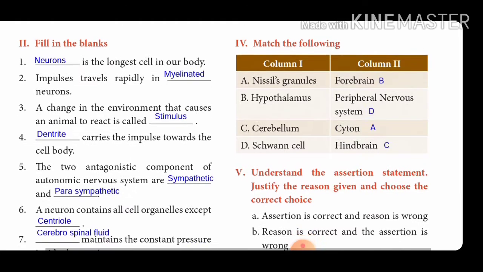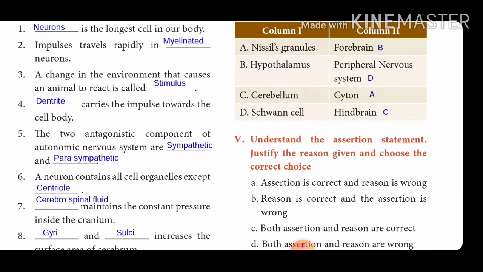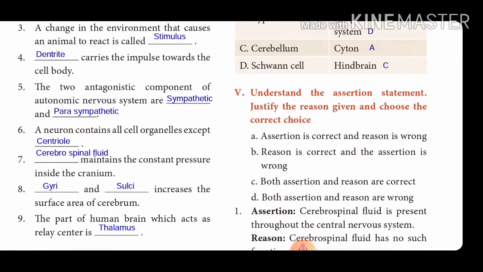Third one, a change in the environment that causes an animal to react is called stimulus. Fourth one, dash carries the impulse towards the cell body, dendrite. Fifth one, the two antagonistic components of the autonomic nervous system are sympathetic and parasympathetic.